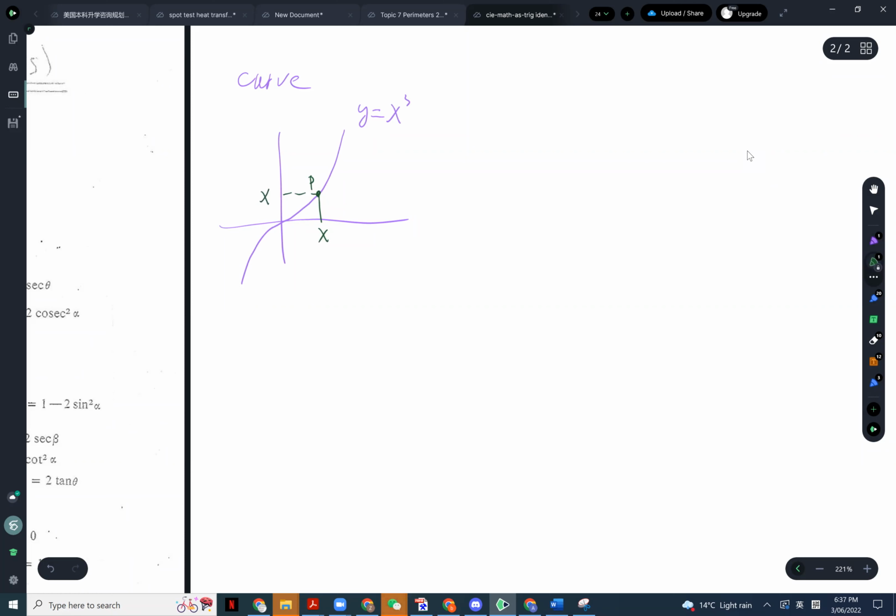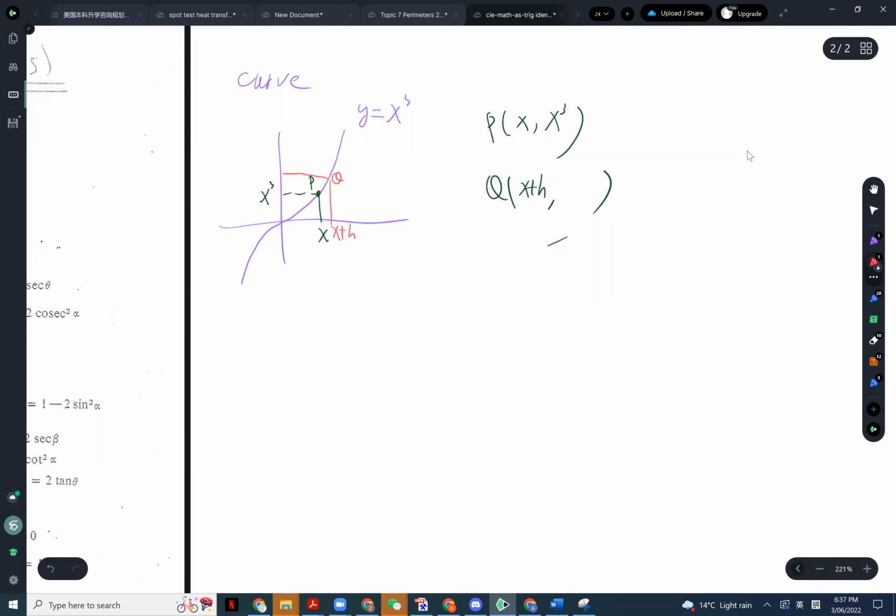So we have the curve here. The curve, point P. y is just x cubed. We find a point Q very close to P. You can pretend this h is just 0.0001.